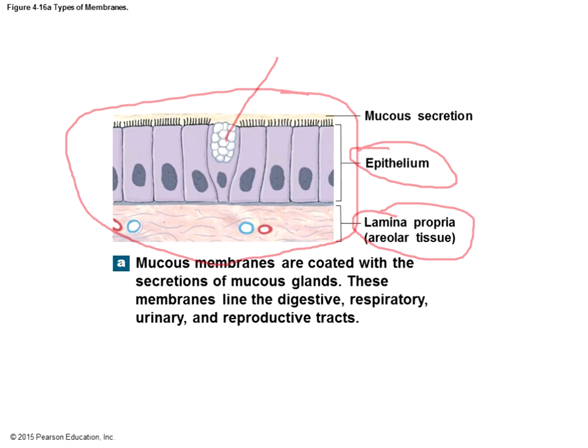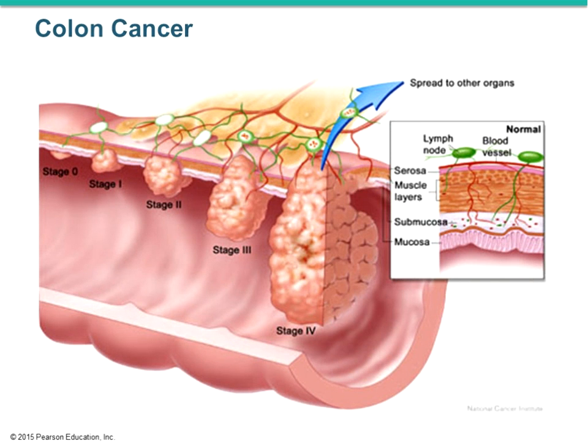You can see there's a goblet cell right there producing mucus, and mucus is a nice secretion under the upper surface that keeps that surface moist. Now, in colon cancer, which is a type of cancer you've probably heard of, the part that becomes cancerous is this mucous membrane. These epithelial cells that are supposed to keep this pathway moist and lined, for whatever reason, start to divide out of control.